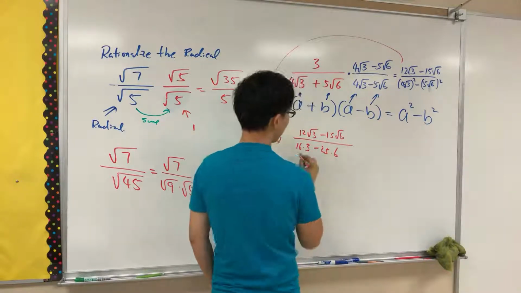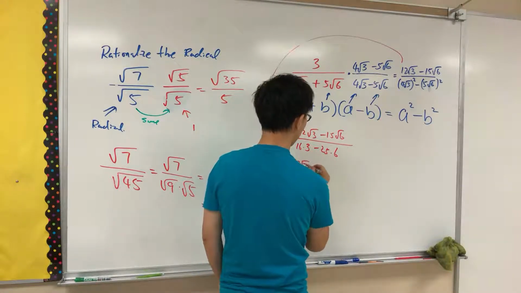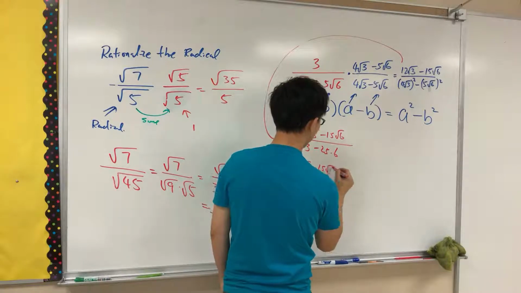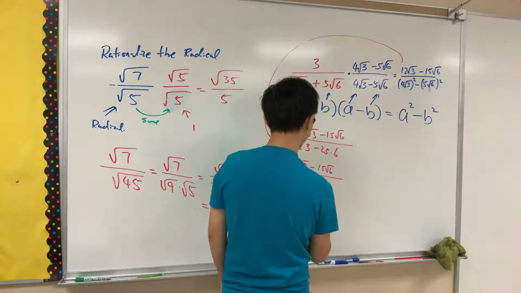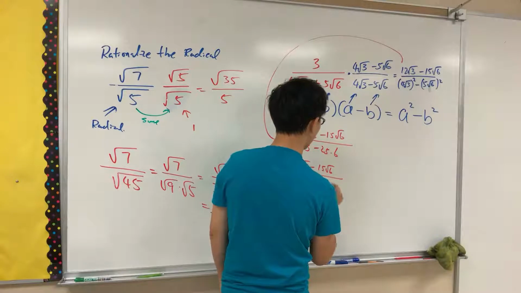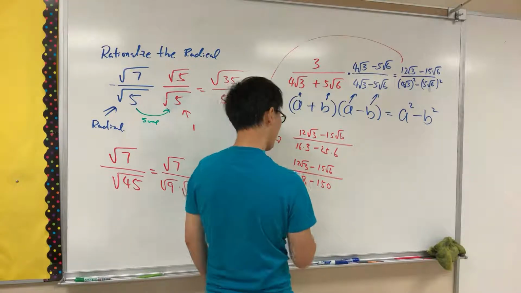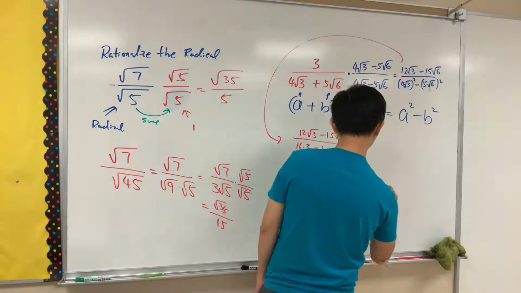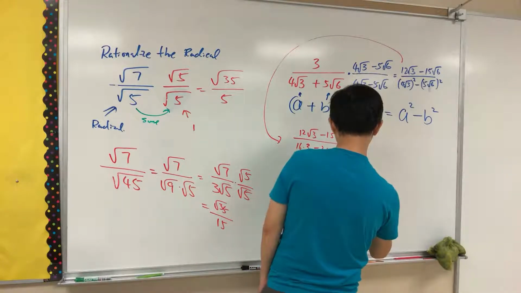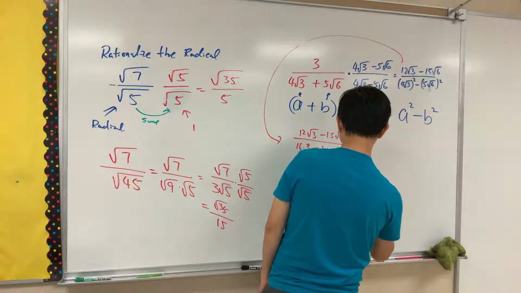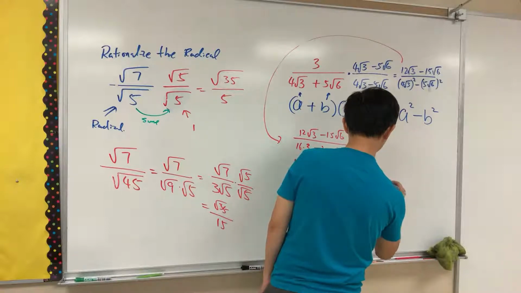And then you say, okay, well, 12 square root 3 minus 15 square root 6. Double check my math. 48 minus 150, I think. So 102 over 12 square root 3 minus 15 square root 6.